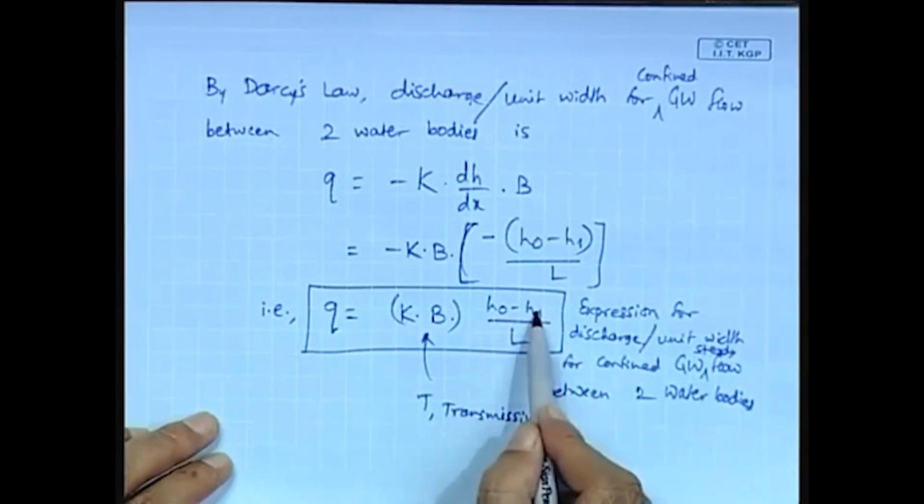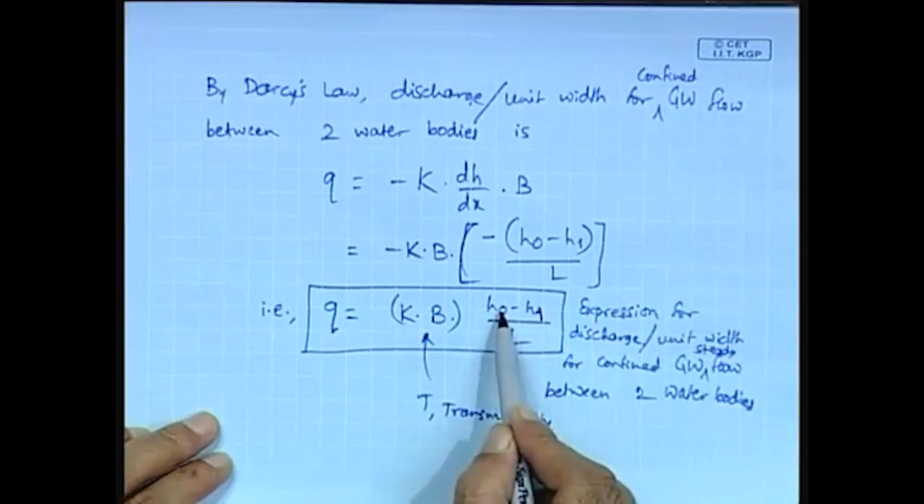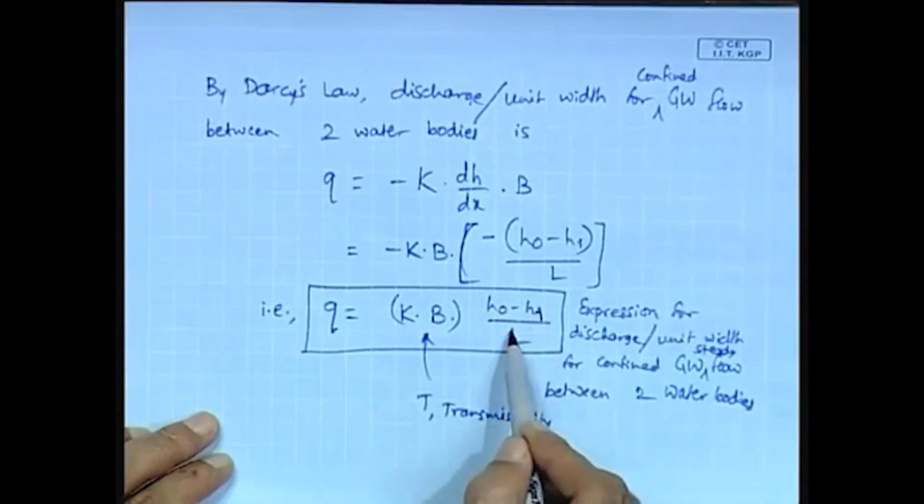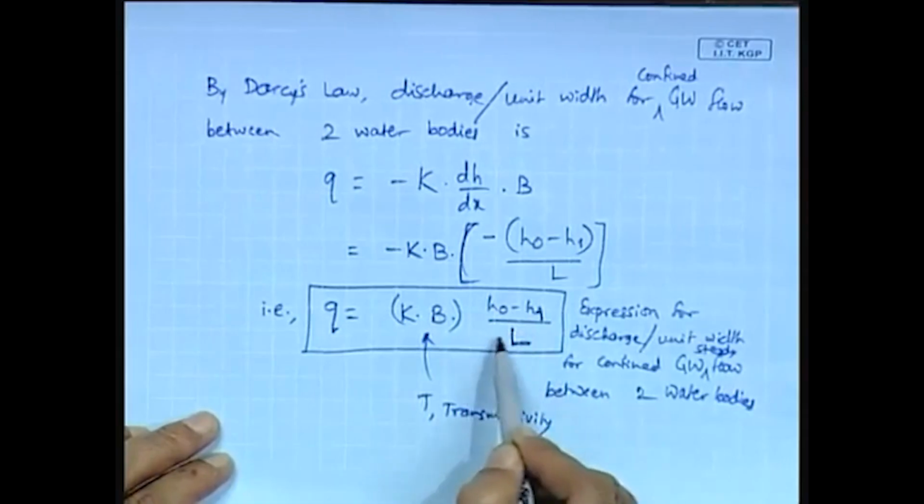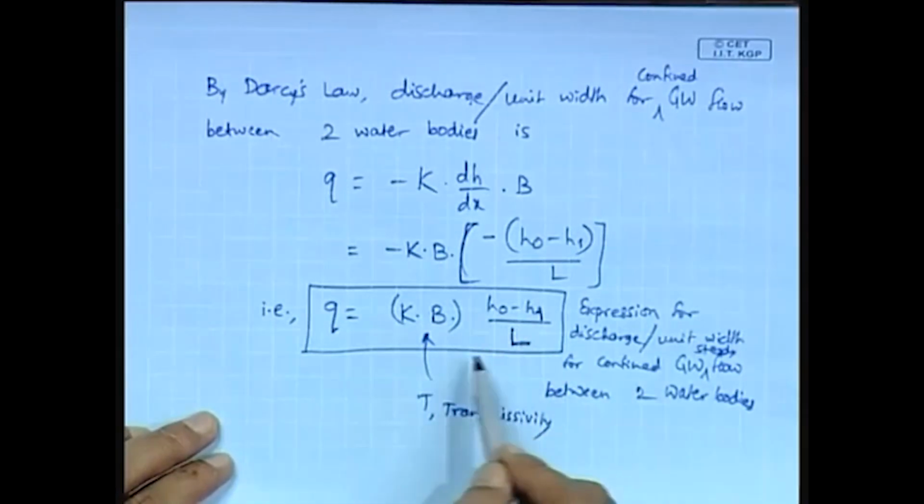H0 and H1 are the heads in the upstream and downstream water body, and L is the distance along the flow direction between the two water bodies.